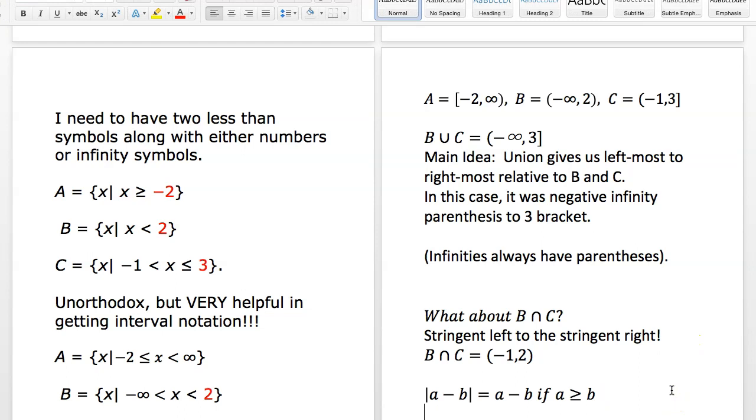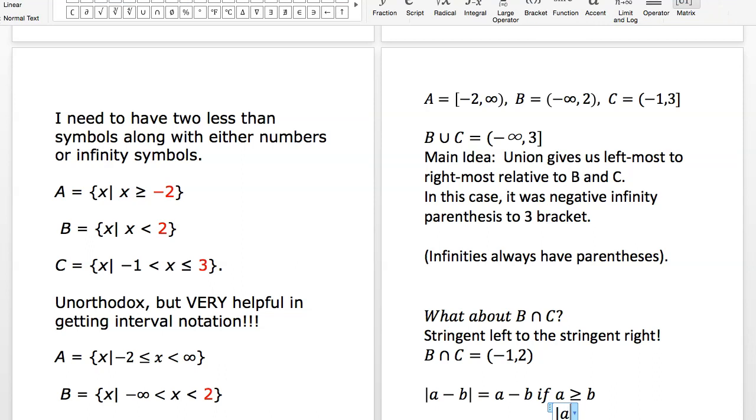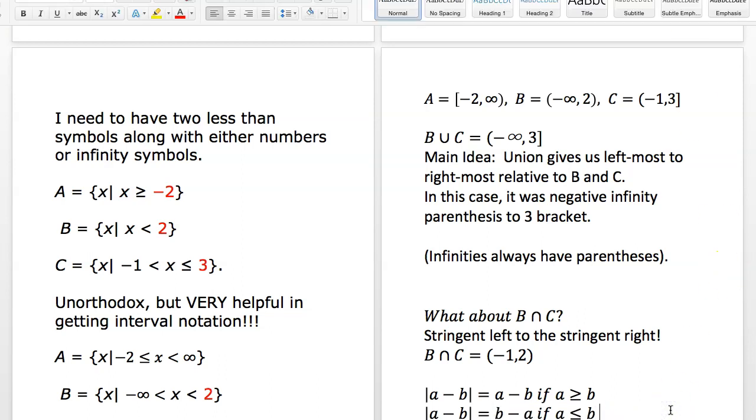And on the other hand, absolute value of a minus b is equal to b minus a if a is less than or equal to b. Now, if you get equal to, if a equals b, you just get 0 on both sides, and it doesn't matter anyway for equal to. But anyway, so we get these two. So that's the general rule.